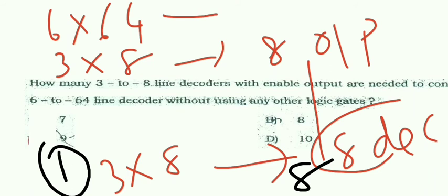Again I explain, I have to design a 6x64 decoder by using 3x8 decoders. A 3x8 decoder can give 8 outputs, but what I want is 64 outputs. So I need 8 such 3x8 decoders. But in order to enable these 8 decoders, I need one more decoder. So totally 9 decoders are required. So option C is the right answer.